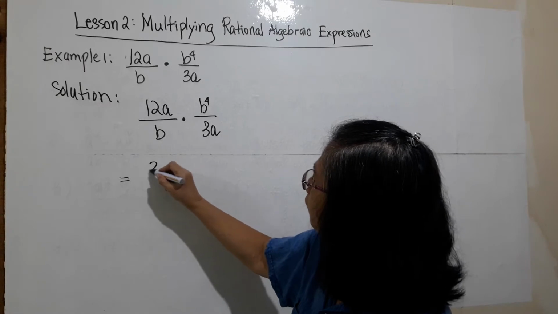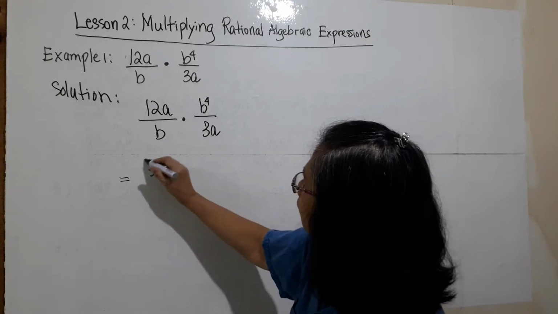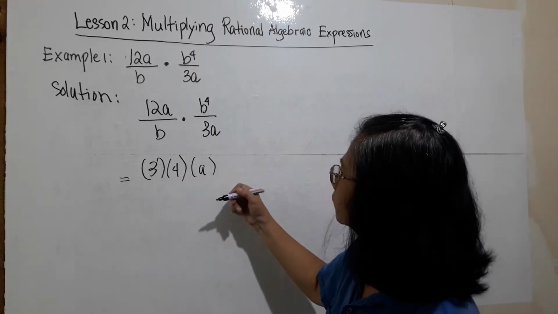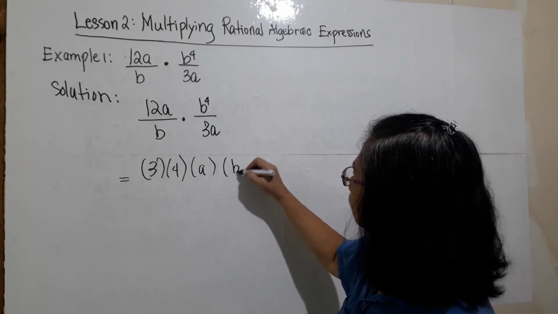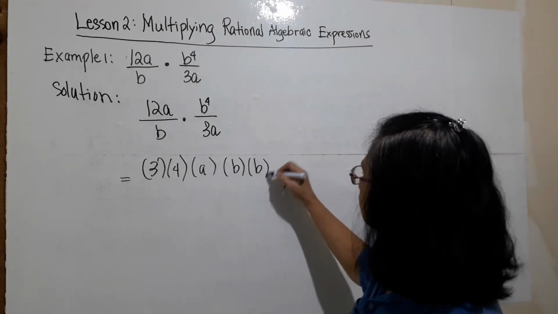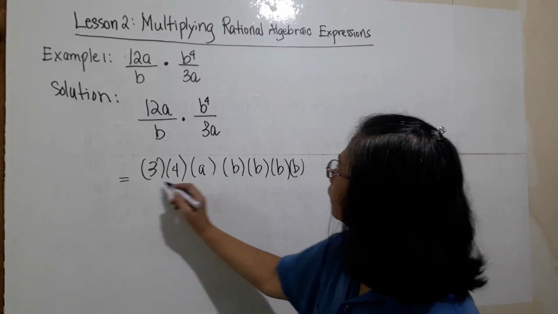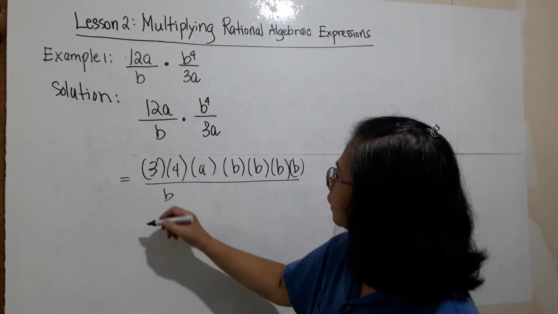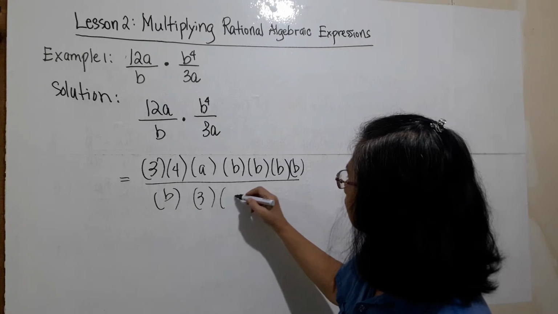We have 3 times 4 times a. Then for b to the 4th, we have b, b, b, and b, over 1b here, and we have here 3 and a.